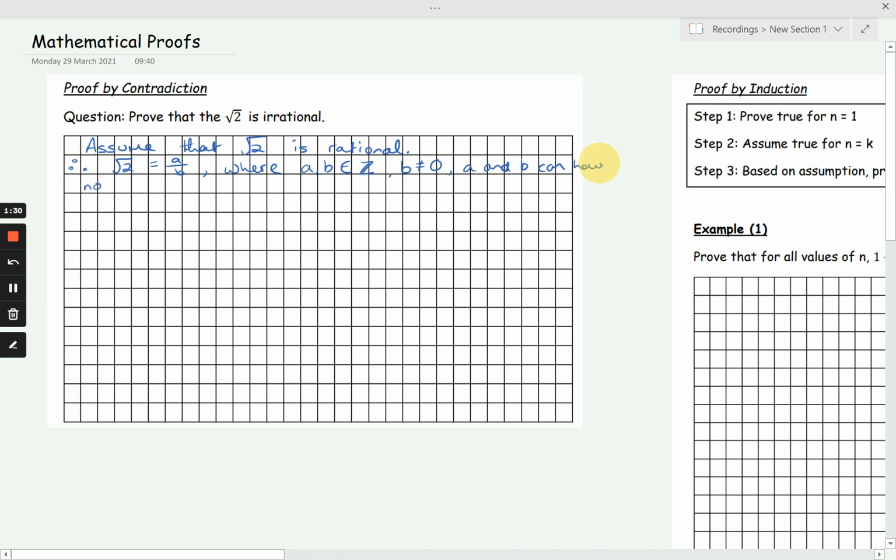Because if they had common factors, then a and b could be simplified further.